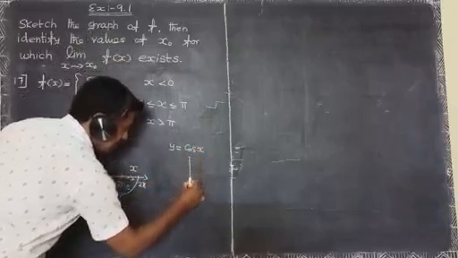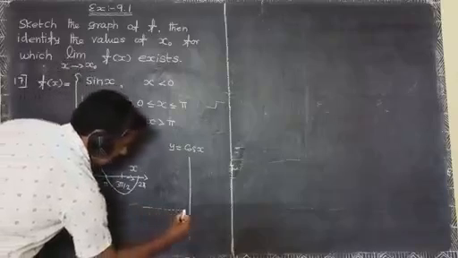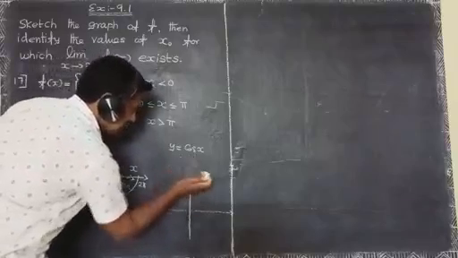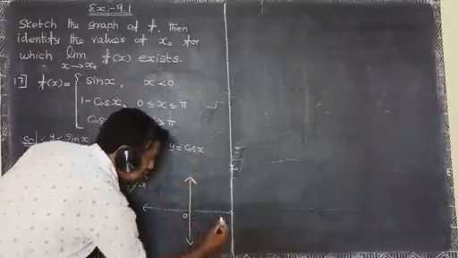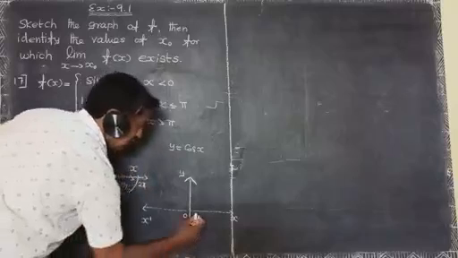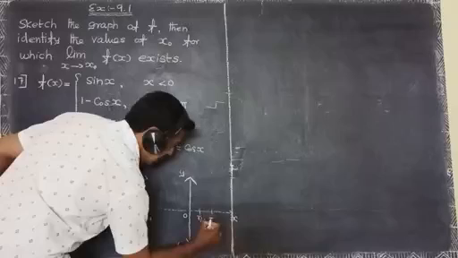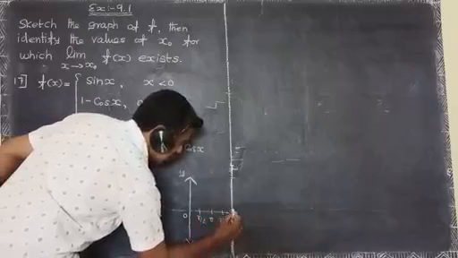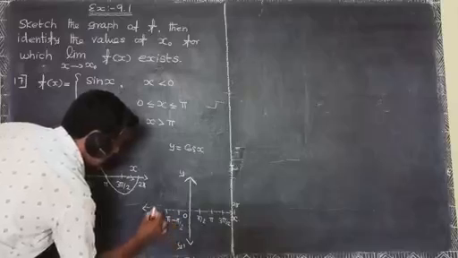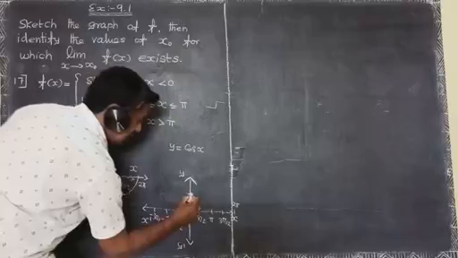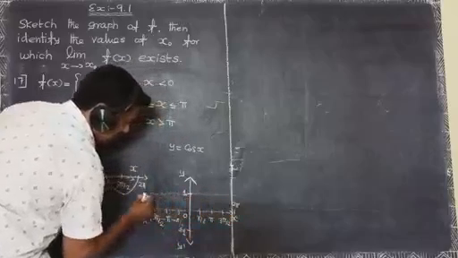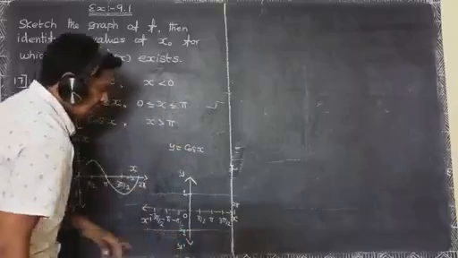Draw the axes, mark pi by 2, pi, 3 pi by 2, 2 pi, and minus pi by 2, minus pi, minus 3 pi by 2, with 1 and minus 1.